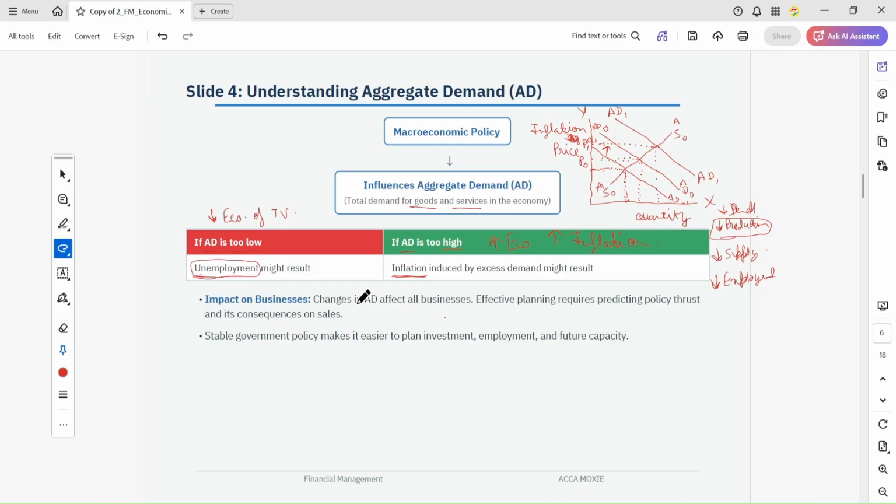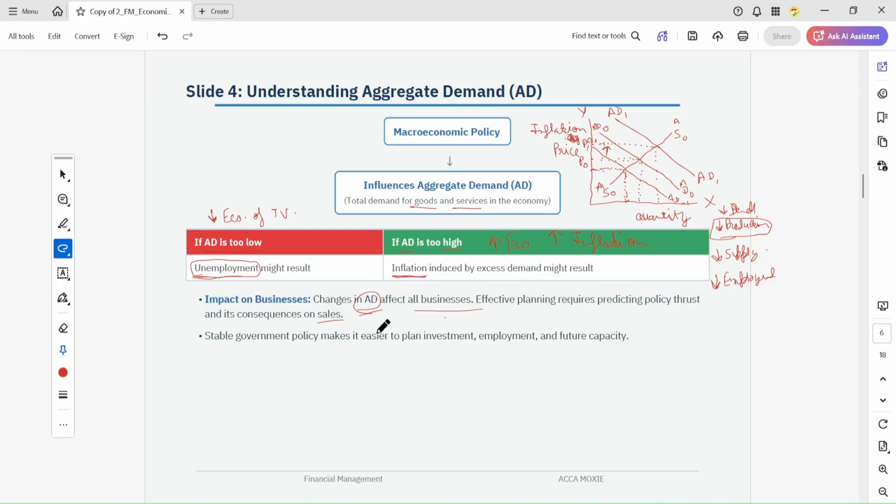So, impact on the business. What is the impact on business? Changes in aggregate demand affect all the business. Yes, it's the aggregate demand. That's why it affects all business. Effective planning requires predicting policy thrust and its consequence on business. So we have to analyze the consequence of that aggregate demand on the sale. Okay.